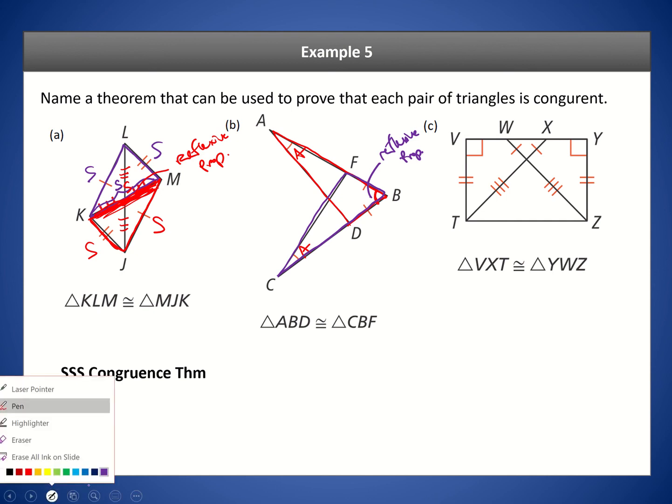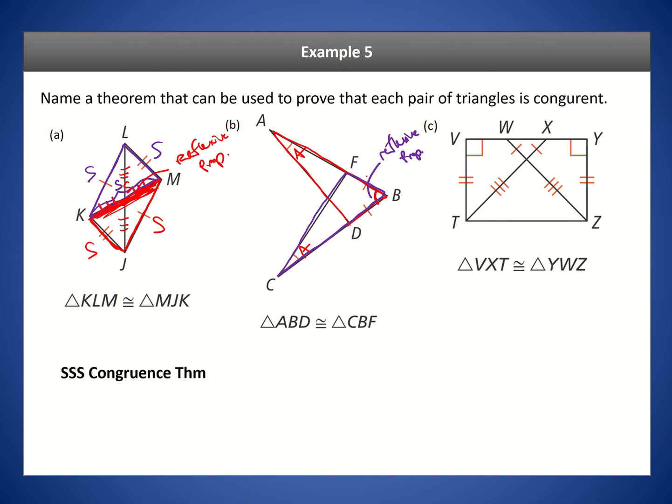And then based off of this diagram, this side is congruent to this side. So we have an angle here and a side, and we have an angle here and a side. So this is AAS. So this is by the AAS congruence theorem.